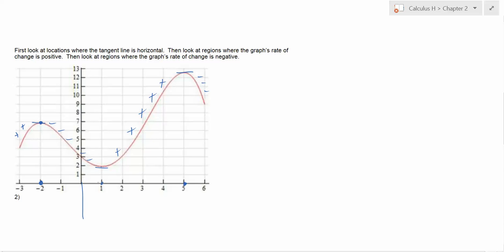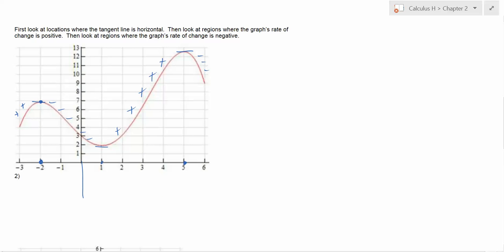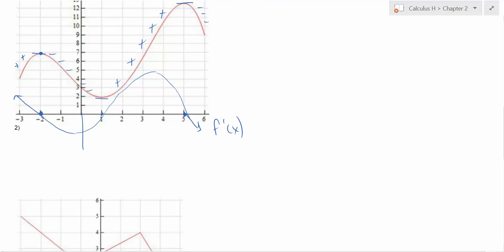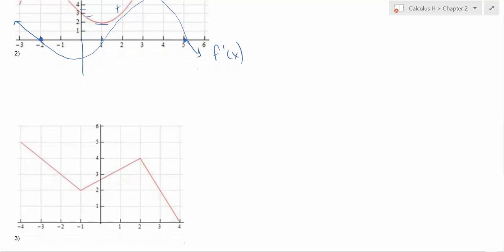My slope starts out being positive, so it's going to have positive y values. It then changes to being negative until I reach 1. It's positive for a while, and then at 5 it changes to being negative. Okay, so there's my first derivative, and it's just an approximation. The only places that are exact in these graphs are at the zeros so far.